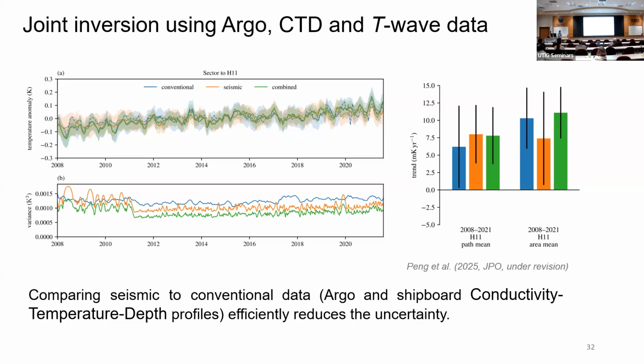Okay. For the first question, if I understand correctly, it is about the T wave data at the ocean bottom seismometer. Yeah, for that one, we did observe T wave at the seafloor, at the ocean bottom seismometer.